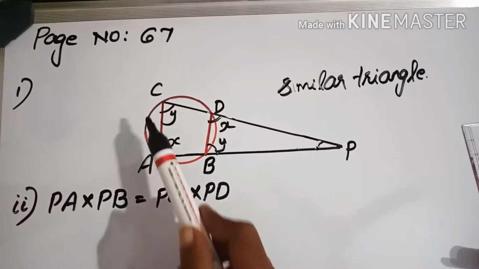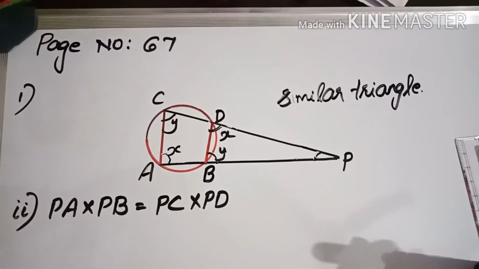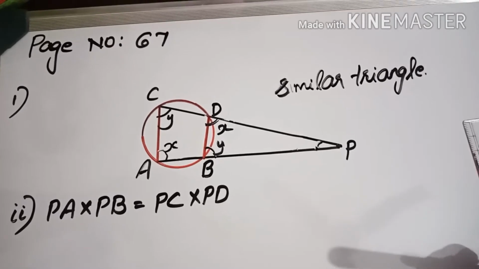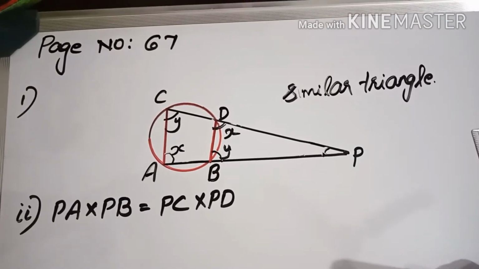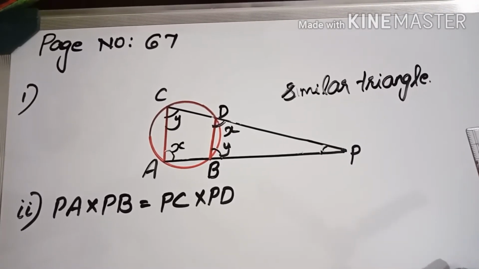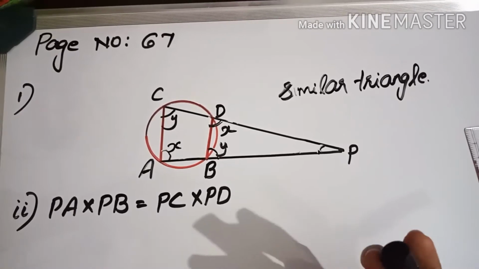So PAC and PBD are similar triangles. One of the properties is that the sides opposite to equal angles will be in the same ratio.